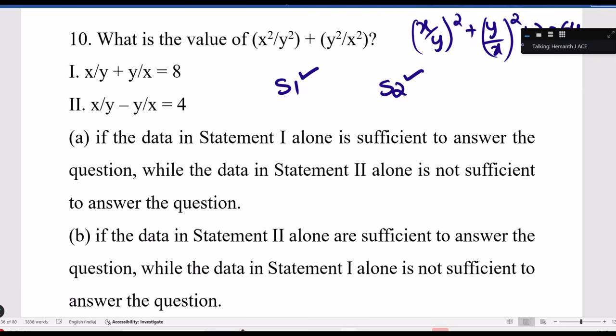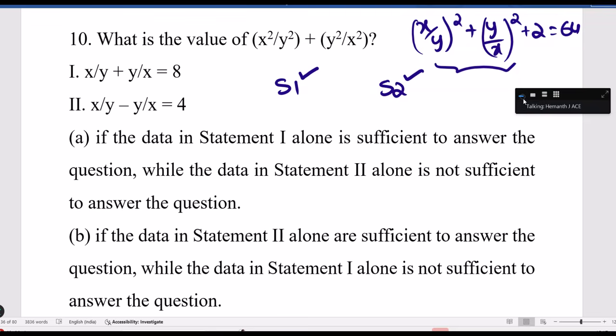You are able to calculate whatever is required. Similarly, 2 alone also you are able to calculate. Both values may differ, but whether you are able to find the value of this expression or not, yes, we can find the answer.